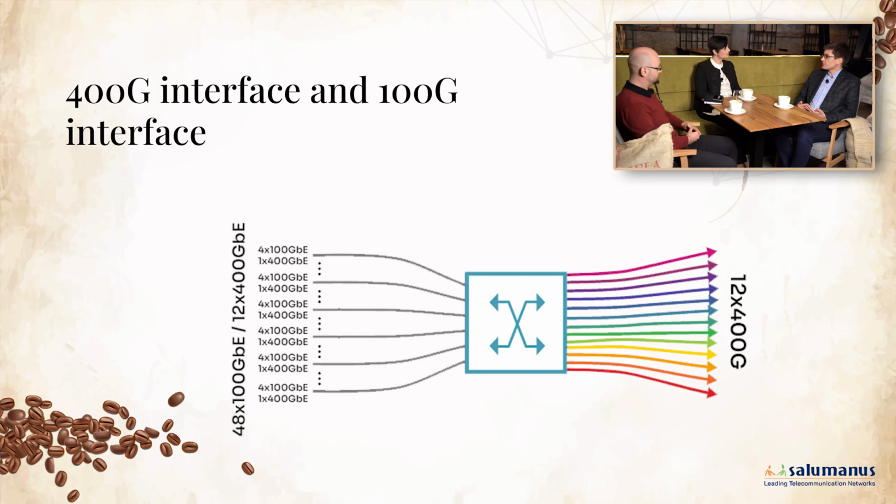I think that it's worth mentioning that on one hand, we have a very powerful device in terms of how much data we are able to put into the pair of fiber. And on the other hand, on the client side, we could also mix the services. So it means that we don't need to focus on only 400G interfaces, which are now coming to the data centers, but still very popular are 100G interfaces.